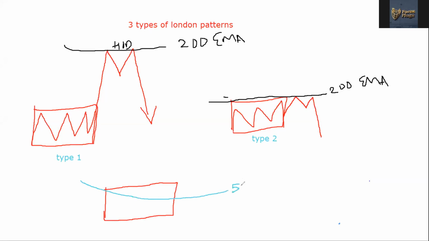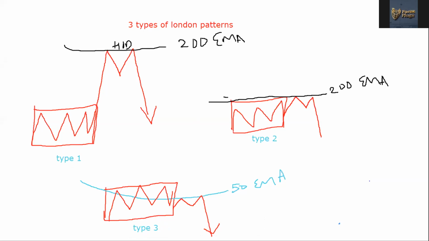That's the 50 EMA. And we have an M formation forming there to go down. So this will be the type 3 London pattern.